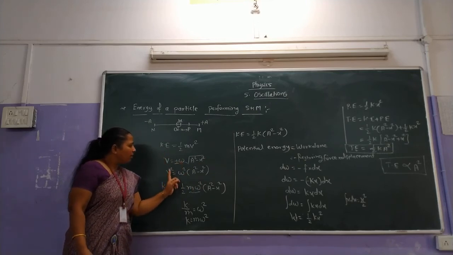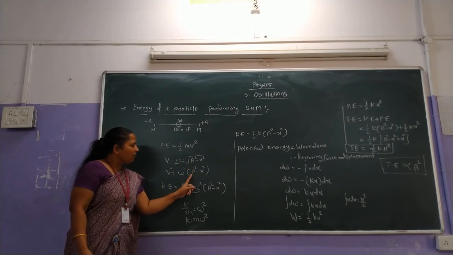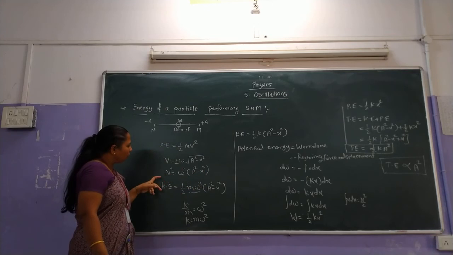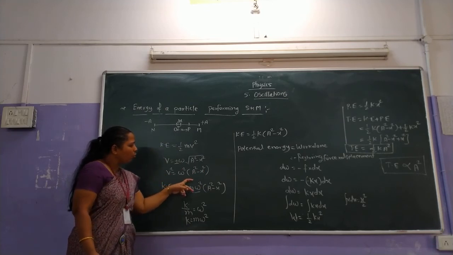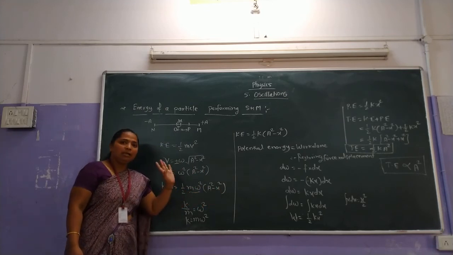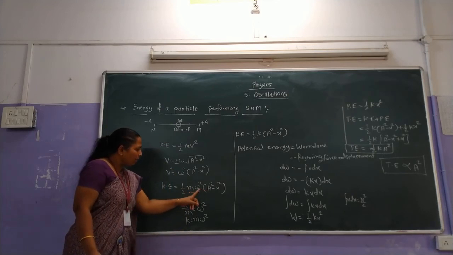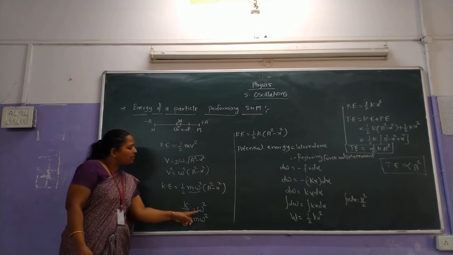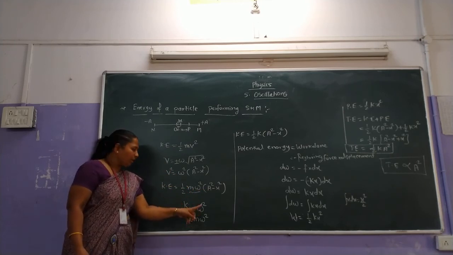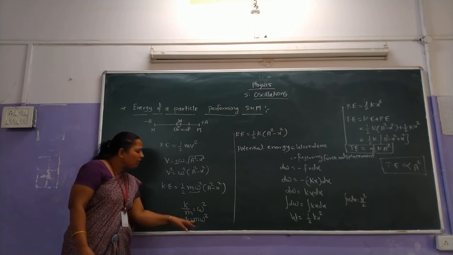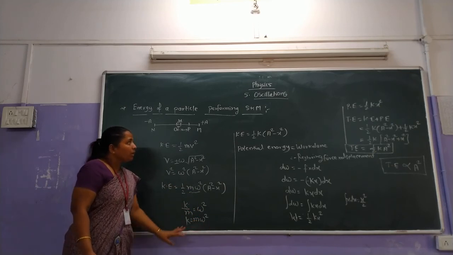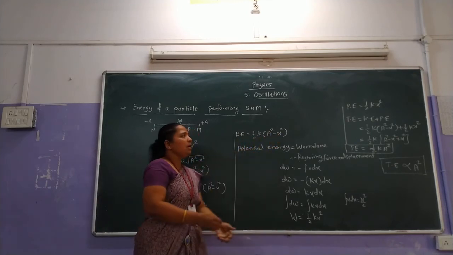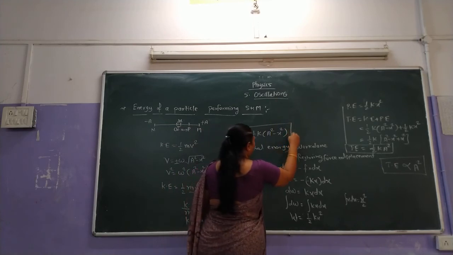Squaring, v square is equal to omega square in bracket a square minus x square. Substituting, kinetic energy is half m omega square in bracket a square minus x square. As shown in the previous lecture, k upon m is omega square, therefore k is equal to m omega square, and kinetic energy is half k in bracket a square minus x square.